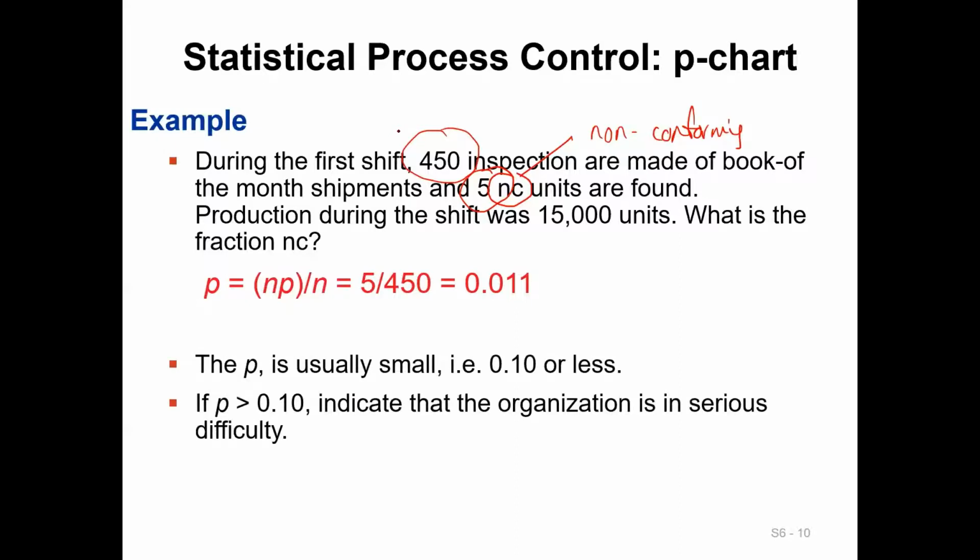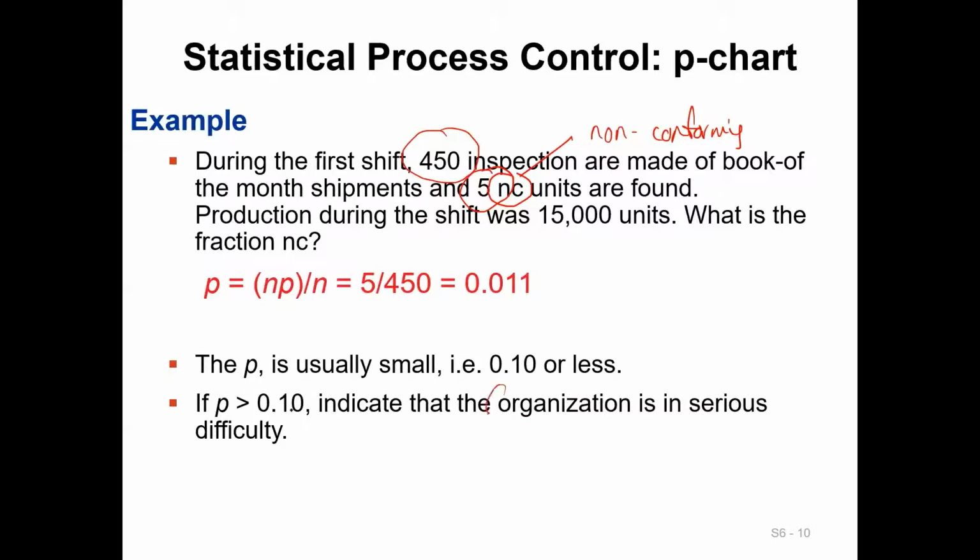Normally, the industry best practice says that if a company has a fraction non-conforming of more than 0.1, it indicates that the company is in serious difficulty, in trouble.